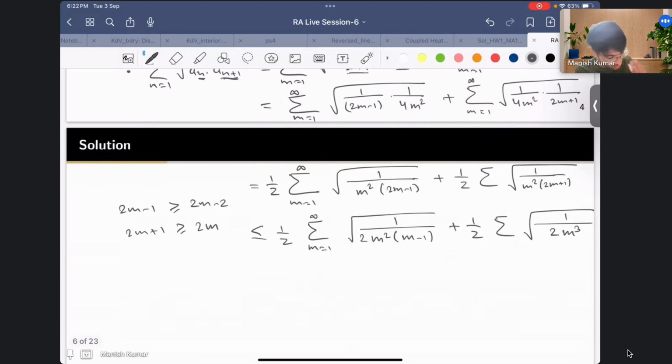Right? So now what one can do is, I think here also you can do one more thing. Again m is greater than or equal to m minus 1. So here I should replace this.